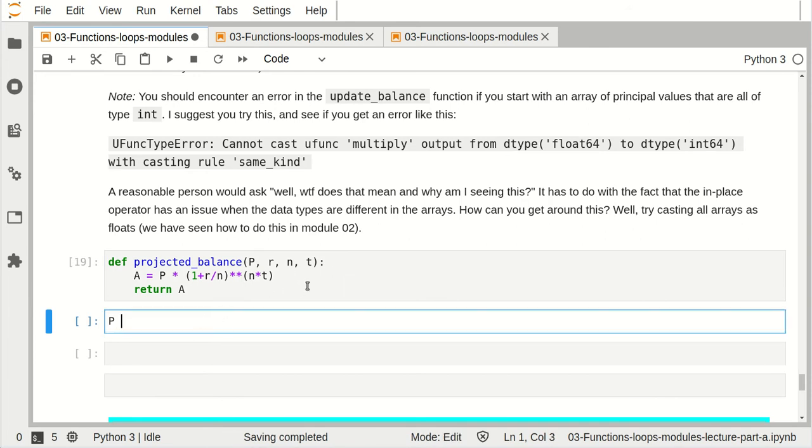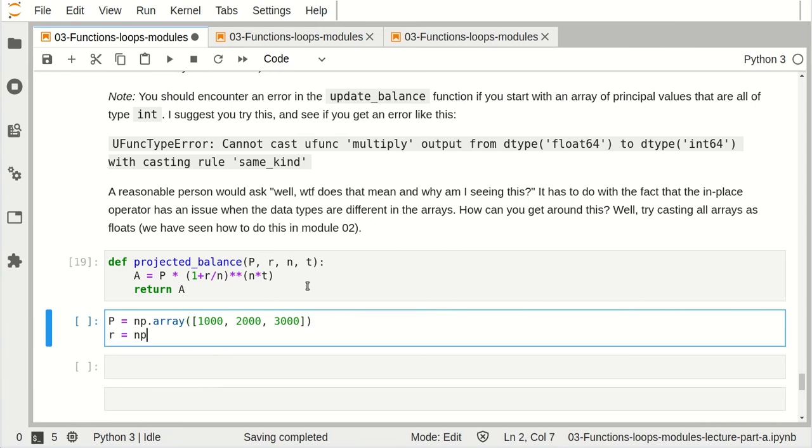If I do P as a NumPy array, and let's say I do 1,000, 2,000, or 3,000, like I'm deciding on different types of investments. Maybe my interest rates that I'm expecting for these is maybe I invest the $1,000 at 0.1, 10% interest, and maybe I'm expecting a 5% return on my $2,000 investment, and let's say it's a 7.2% interest rate on my 3,000.